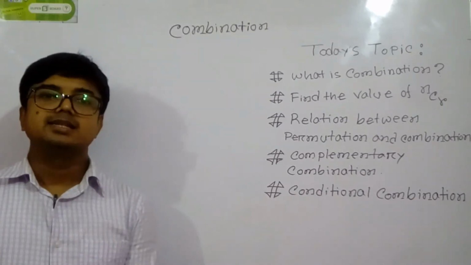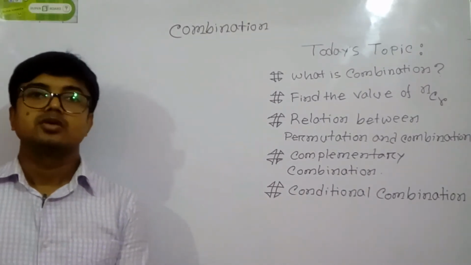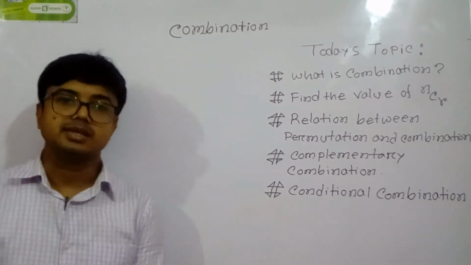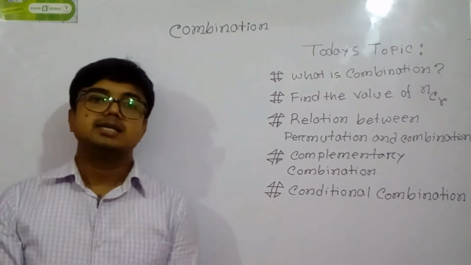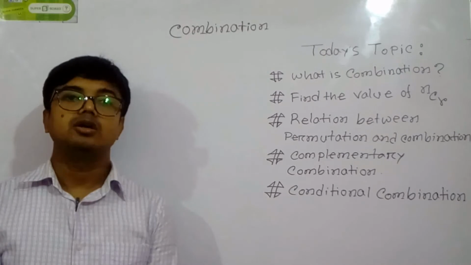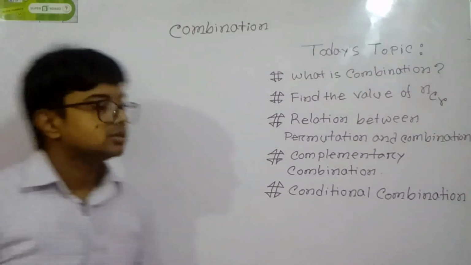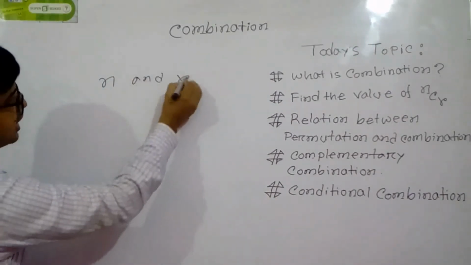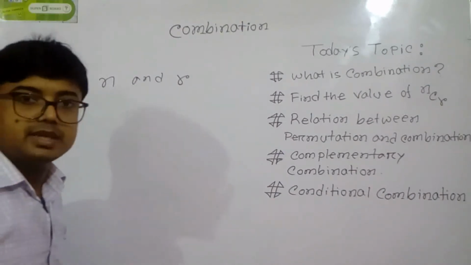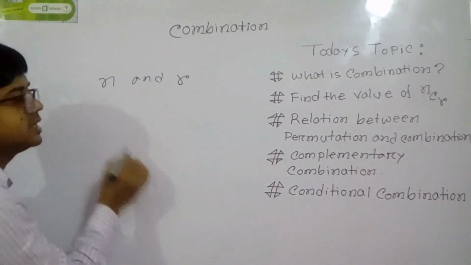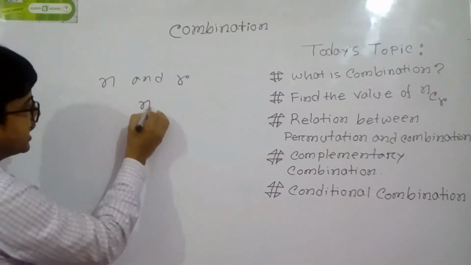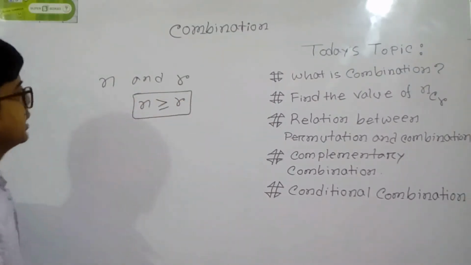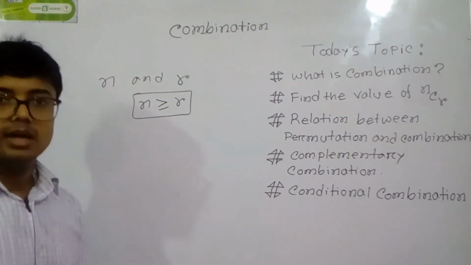Each of the collections which could be formed out of some n different things, taking r at a time without regarding the order of things, is called a combination. Here n and r are two positive integers and one condition applies: n is greater than or equal to r.